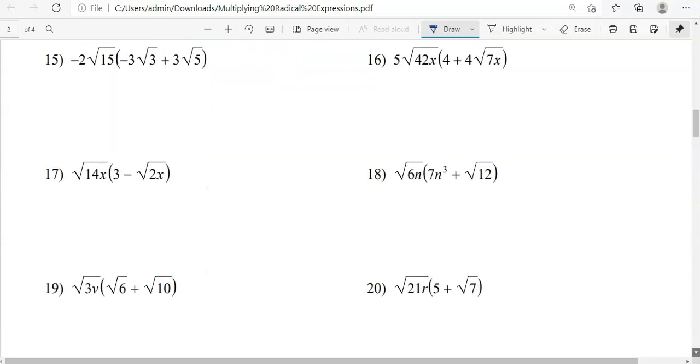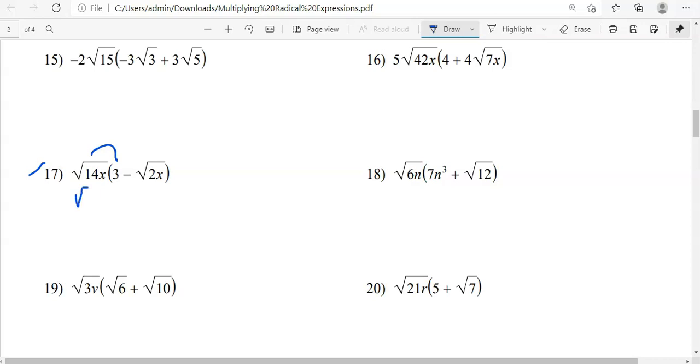Okay. Next natin try naman natin to number 17. So square root of 14x times the quantity of 3 minus square root of 2x. So distribute ulit natin.